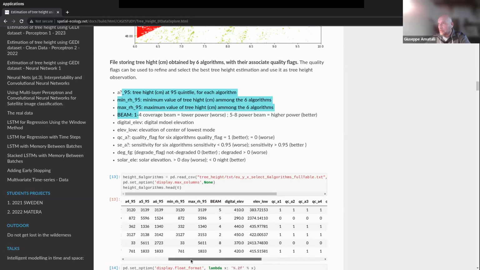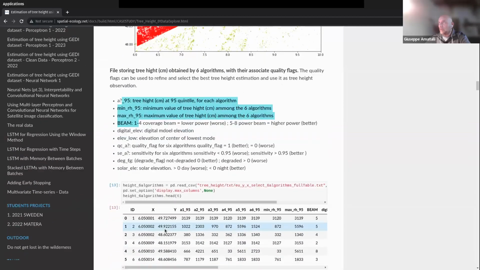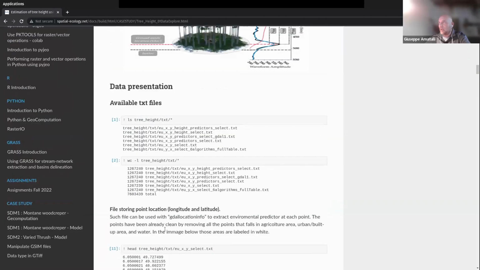Is one of these. There is height versus predictors, where the height is just the mean of the 6 algorithms, excluding the minimum and maximum. Yeah.